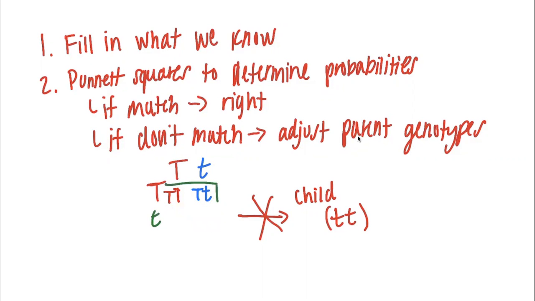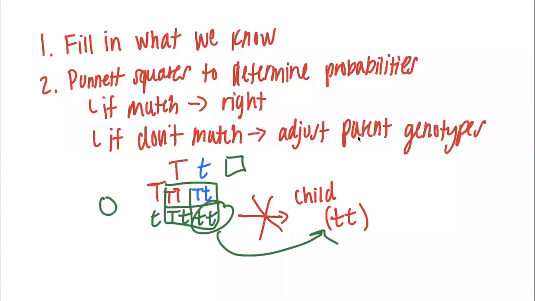We would edit it, so capital T, lowercase, lowercase, lowercase. Now there is a chance for that child. And as long as the parents both don't have the trait, so the mom looks like that and the dad looks like that, we're good to go. So that is what I wanted to cover in terms of some helpful reminders here.